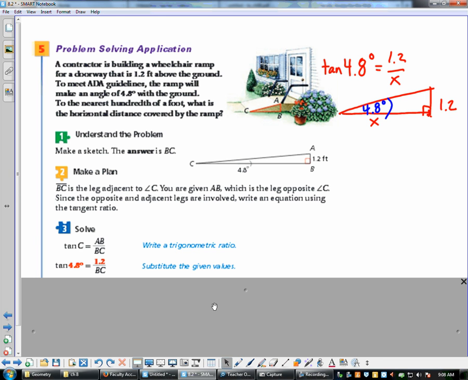So they're saying tangent of 4.8 degrees equals 1.2 over the length of BC. I'm calling it x. And when you get your answer, what is tangent of 4.8 degrees?